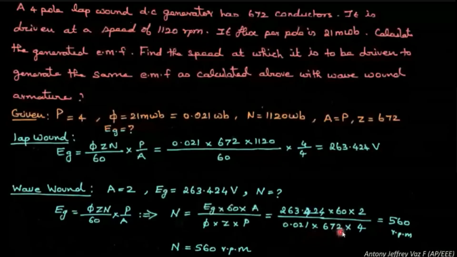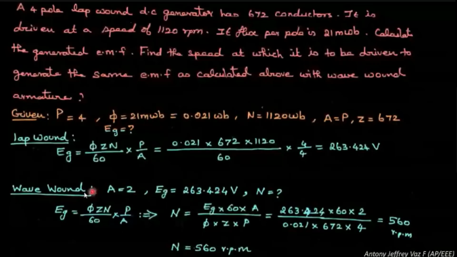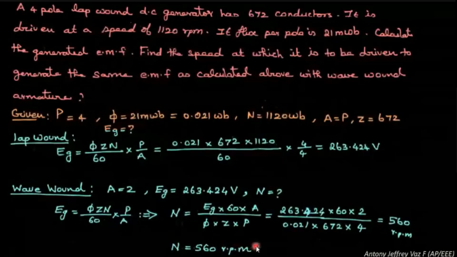You will get 560 rpm. So to generate 263.424 volt with the help of a wave wound generator, the shaft of the wave wound machine should be rotated at 560 rotation per minute.